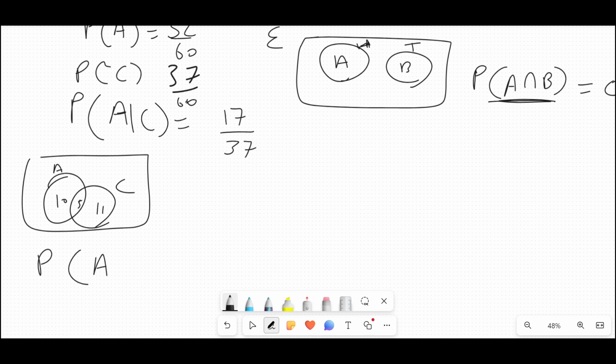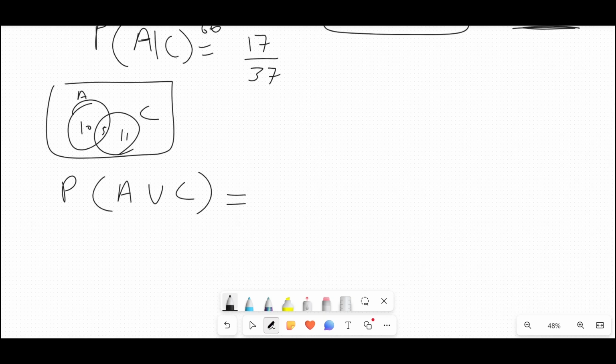probability of A union C, which means inside A plus inside C, that probability is not equal to literally A plus C, because if I do probability of A plus probability of C, then it would include this 5 as well, and this 5 would be counted twice, but we have to only count it once.